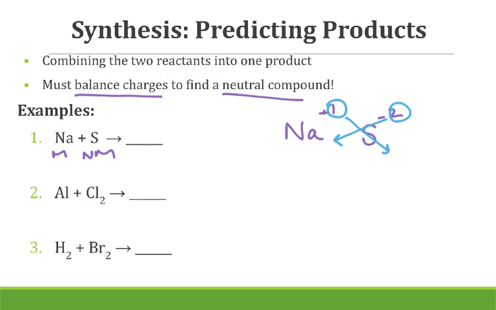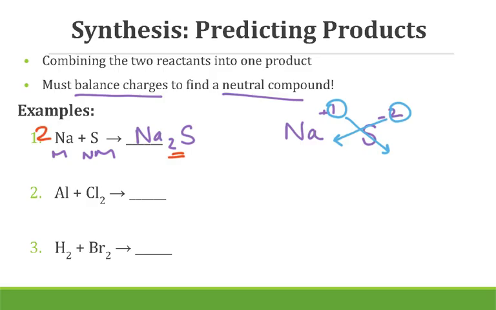And so my product is going to be Na2S1 or Na2S. In order to balance then, if I have 2 sodiums on the right, I'm going to need a 2 in front of my Na on the left.